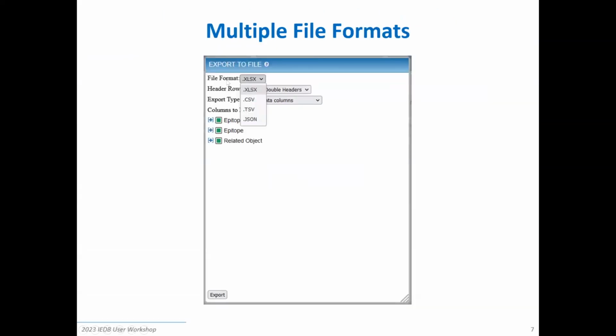First off, you have the file format drop down, which lets you now choose, instead of just CSV, which is still an option here, we also have this XLSX, which is the native Excel format, which can open up in any Microsoft Excel application with all the bells and whistles that come with that already formed and included, instead of having to download it as a CSV, then open it in Excel, hope that Excel renders it correctly, and then do all your manipulation from there.